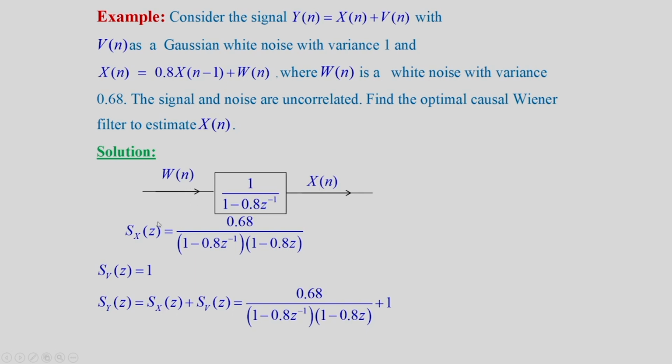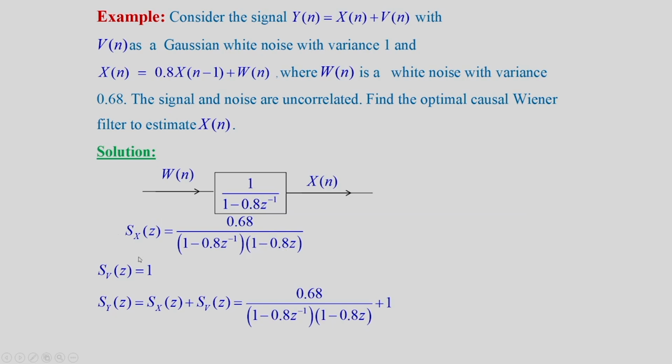So we can find the power spectral density of x(n), given by Sx(z), which is equal to 0.68, the variance of w(n), divided by 1 minus 0.8 z inverse, that is H(z), into 1 minus 0.8 z, which is H(z inverse).